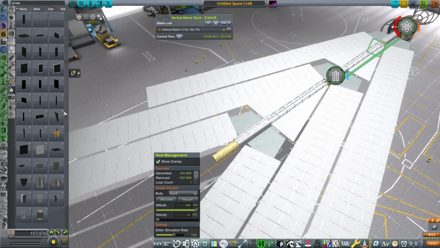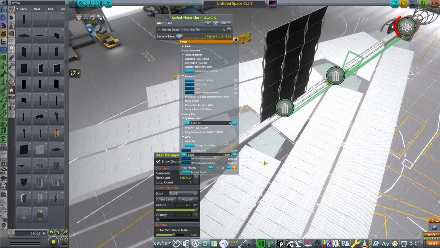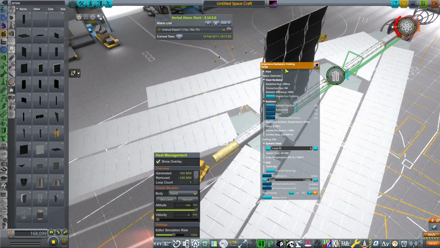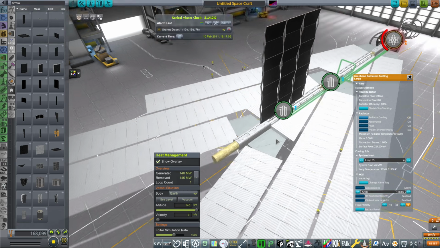So all of them are configured the same way with that graphene effectiveness amount, the 200 kilowatts per meter squared. And so if I extend panel, that helps. It's bringing the loop temperature down now because now we remove more than we generate.